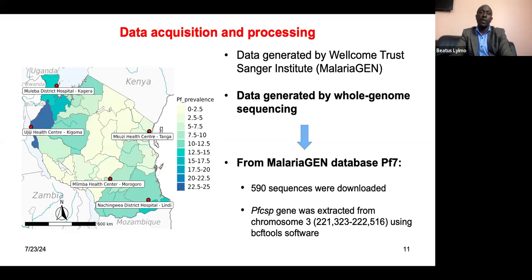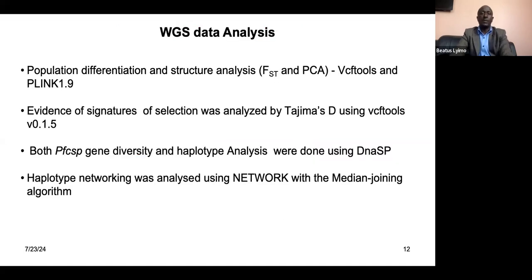BCFtools software. From the clean, high quality data, we analyzed the FST and the PCA so that we can measure the population differentiation and structure. We also used Tajima's D from VCFtools to measure evidence of signatures of selection.